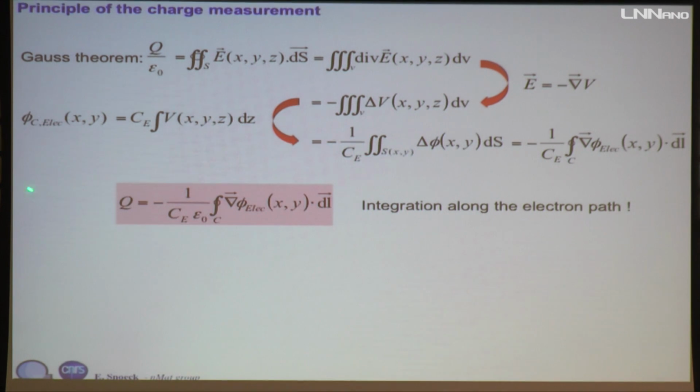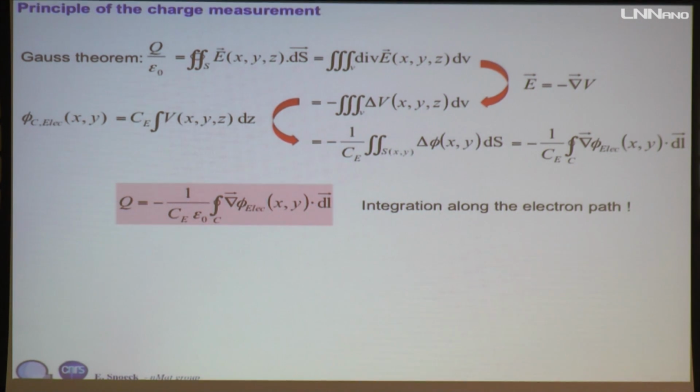In holography, we are measuring this electrostatic potential. So if we combine all these equations, we can make a direct link between the charge responsible for the electrostatic field shining around this particle, and the phase shift that we are capable of determining with electron holography.